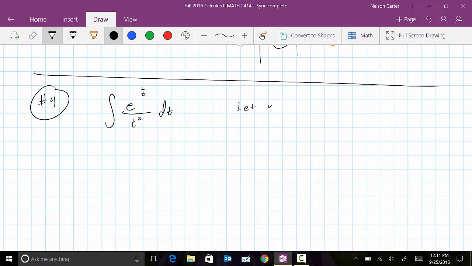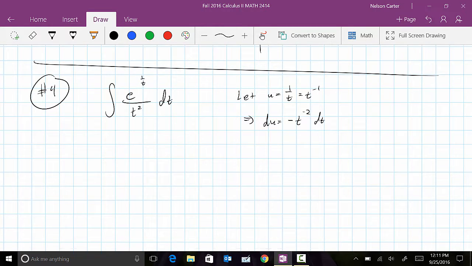Let's let u equal 1 over t, and that's the same thing as t to the power negative 1, but that would imply that du is going to be the derivative. So negative t to the power negative 2 dt. But that's the same thing as negative 1 over t squared dt.